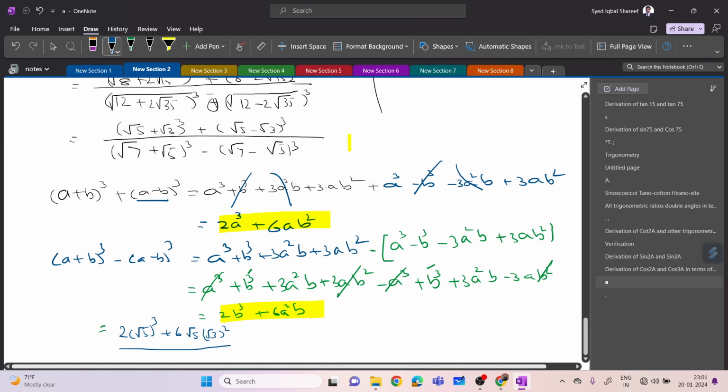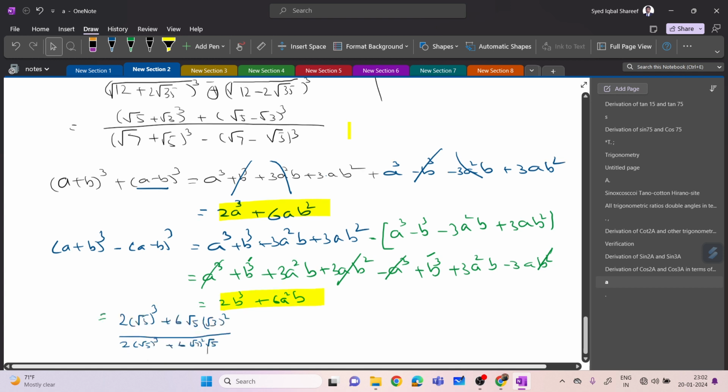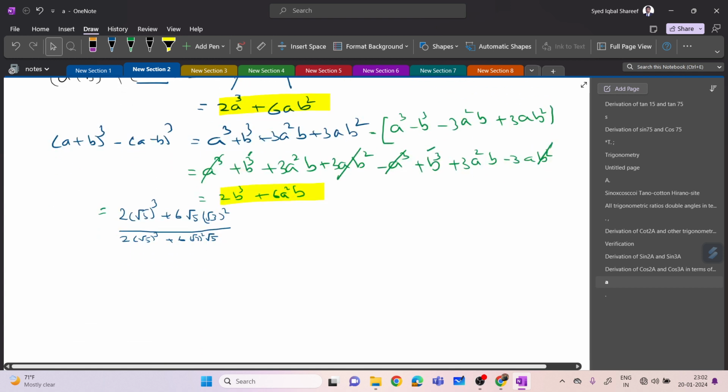Denominator, what is 2b? 2b cube. What is b? Root 5. 2b cube then plus 6a square, what is a? Root 7 square. B is root 5. Am I right? Please be careful while doing this. These are easy problems, but they require your patience.